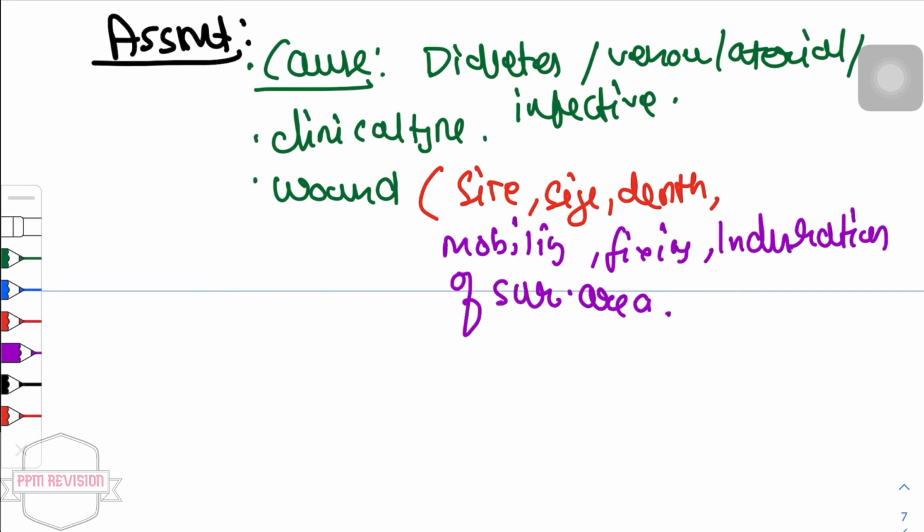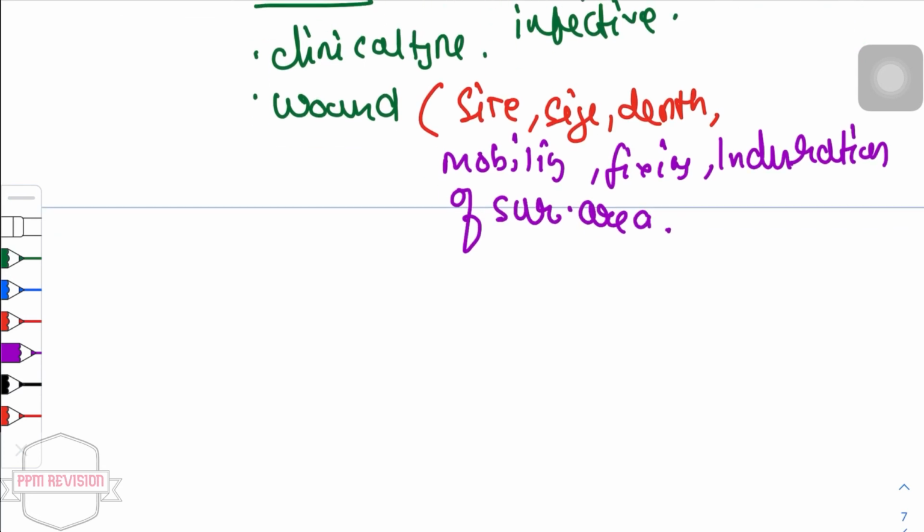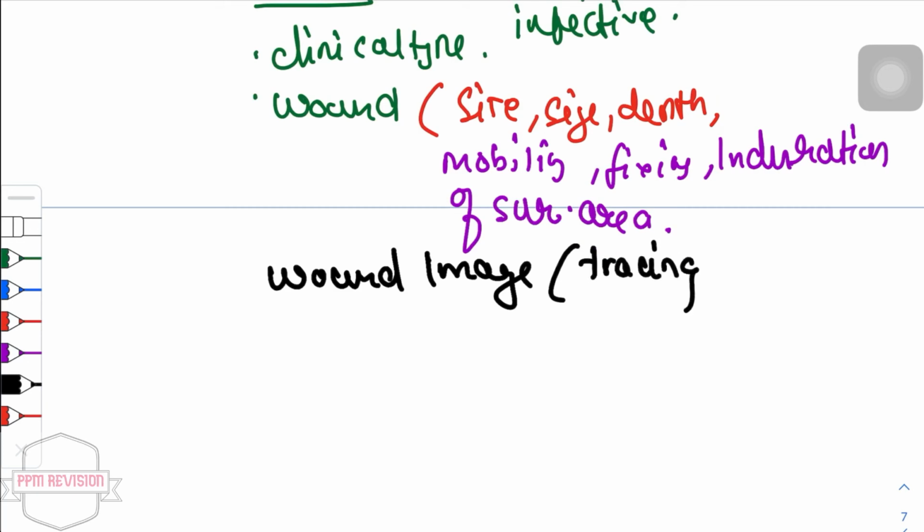Wound imaging is done by tracing on a transparent acetate sheet.